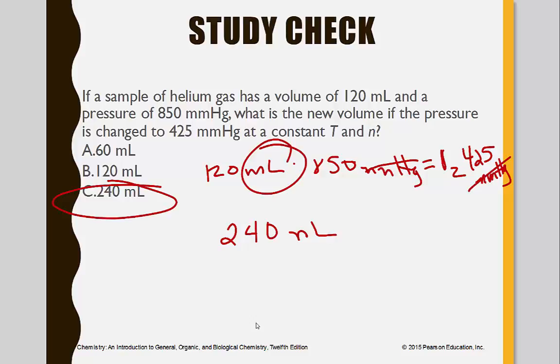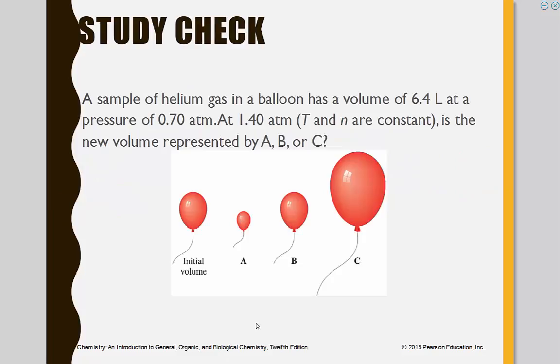We'll have one more sample. This is another visual. A sample of gas in a balloon has a volume of 6.4 liters. So this initial one has 6.4 liters at a pressure of 0.70 atm. At 1.4 atmospheres, what is the new volume, A, B, or C?